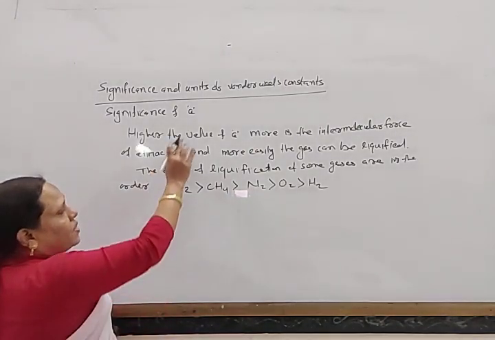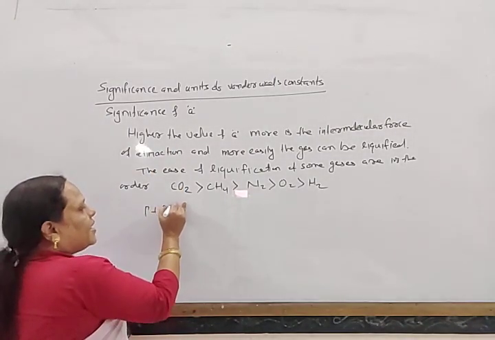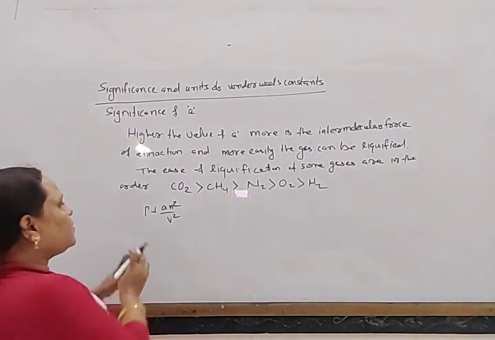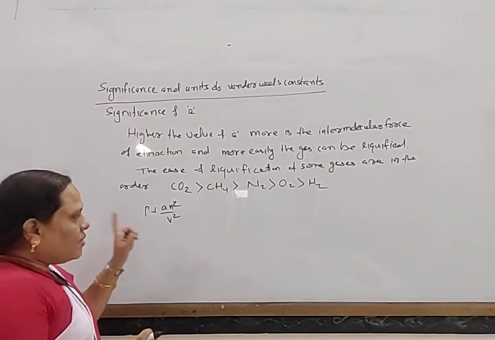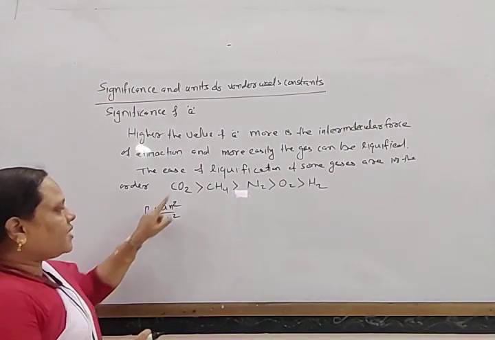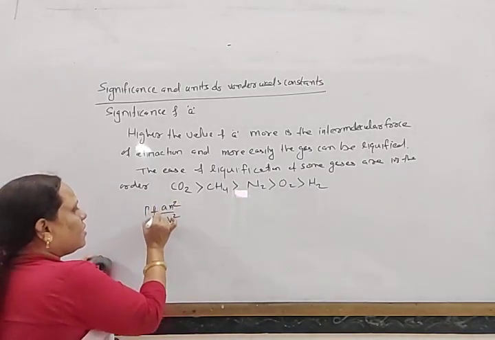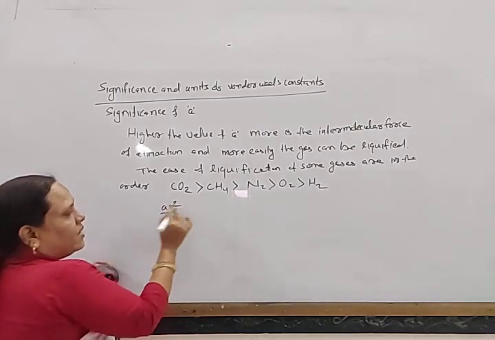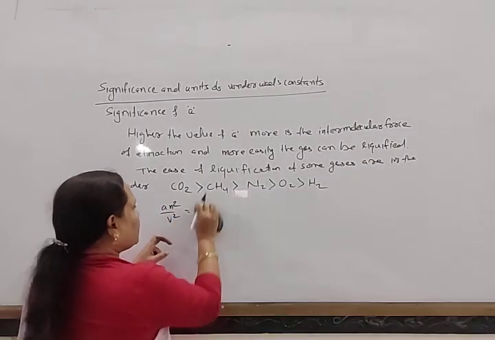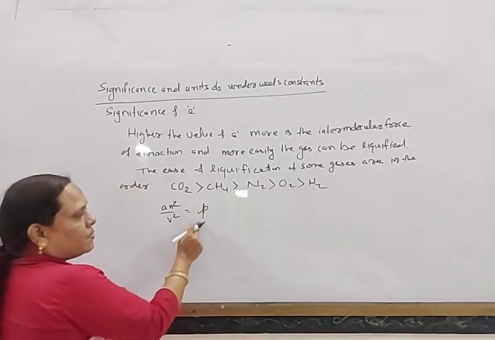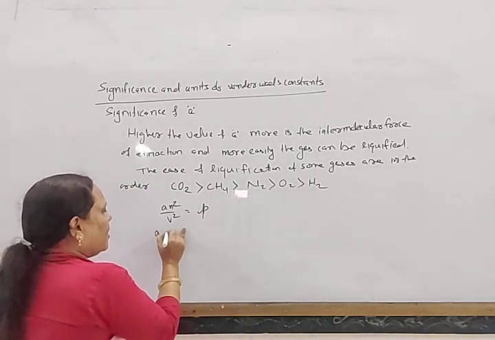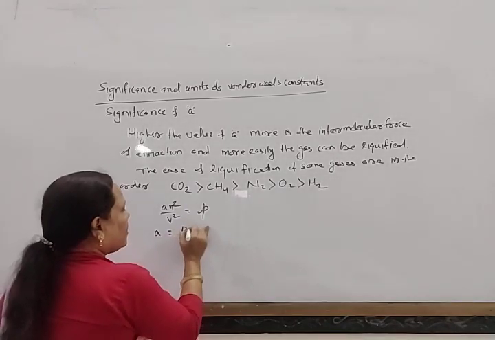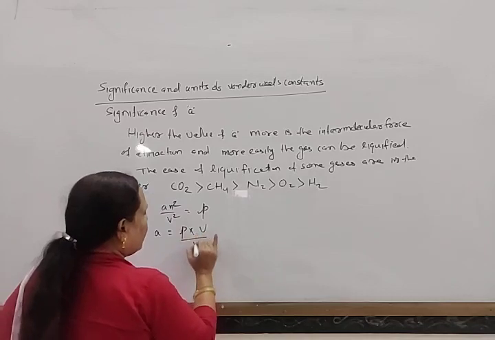Then you need to know P plus a n square by V square. That should be a pressure term. So a n square by V square is added with pressure, and this total term is one pressure term. So a n square by V square is equal to pressure, so a is equal to pressure into volume square by n square.